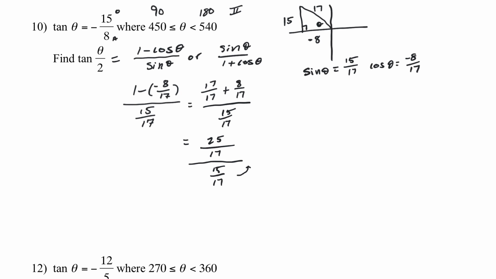We're going to multiply the 17 over the 15. That cancels out, and we're left with 25 over 15. That reduces to 5 over 3. And that would be how you would solve that one. Beautiful.